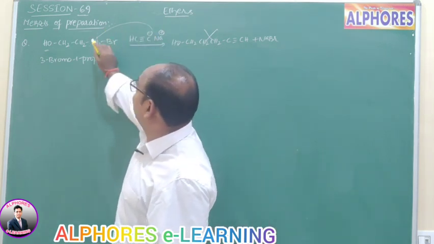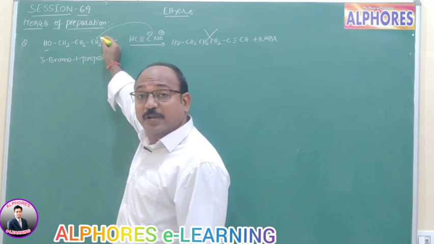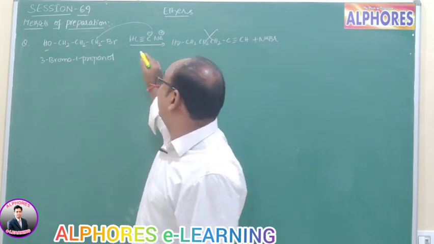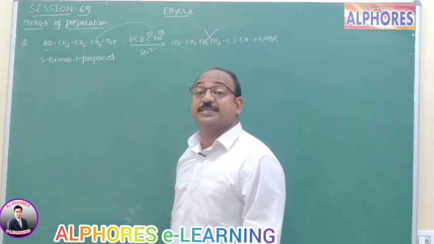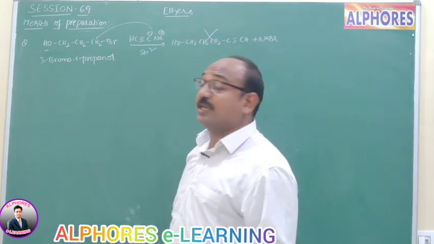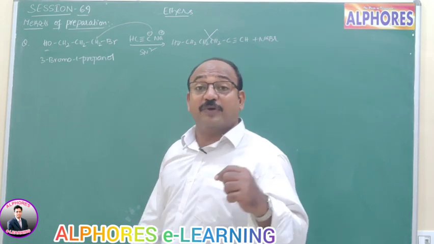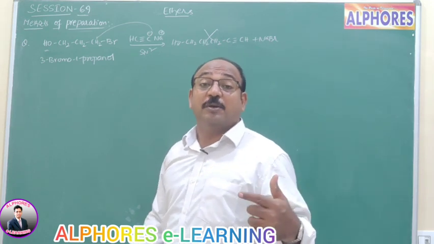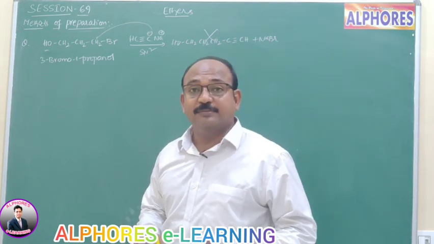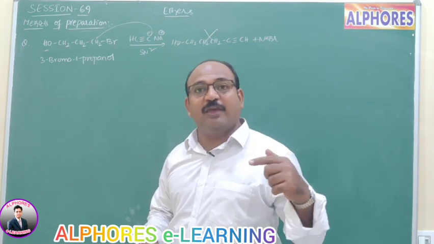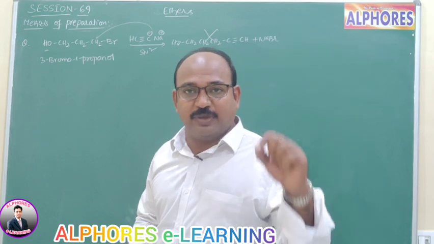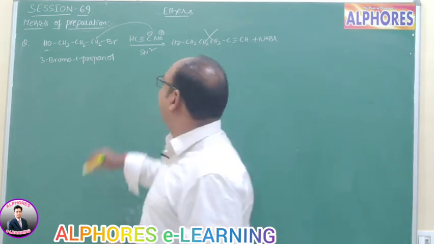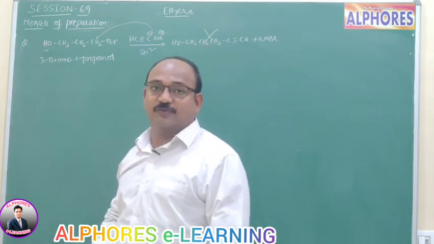If the C minus attacked this carbon and displaced Br minus, that would be an SN2 reaction, with the C minus behaving as a nucleophile. But instead it behaves as a base and abstracts a proton.